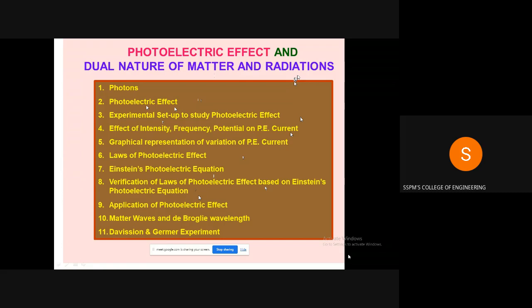Then the applications of the photoelectric effect. Then the important point: the concept of matter waves and their properties. And the last point: the supporting experiment showing the presence of matter waves. So this is the scope for today's lecture.